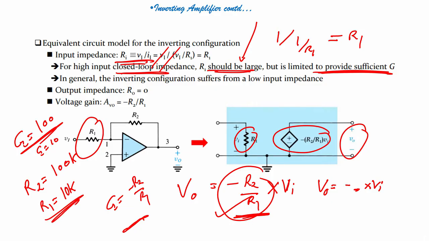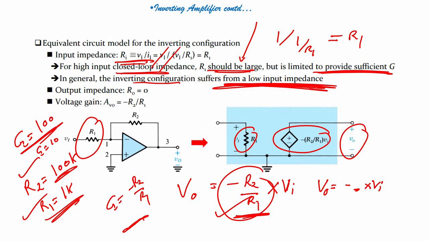This is an example which we have seen. Now, in general the inverting configuration suffers from low input impedance. You see here, why? Because you see here only R2 by R1, if I want a gain of 100, my R1 would be 1 k if I select R2 equal to 100 k. 1 k is extremely small, but in reality we should have R1 or input impedance extremely high.